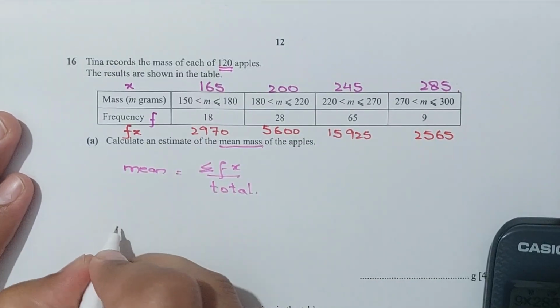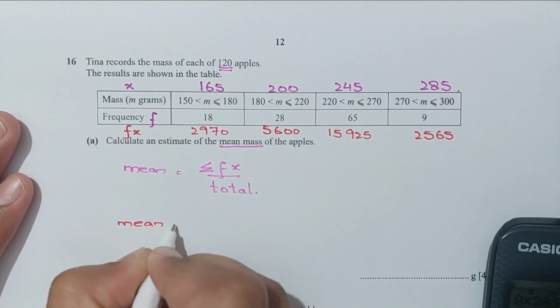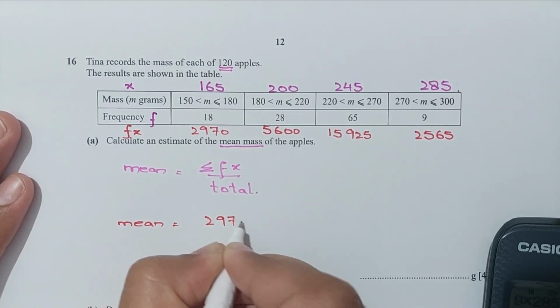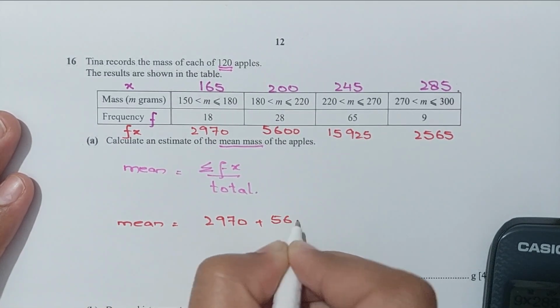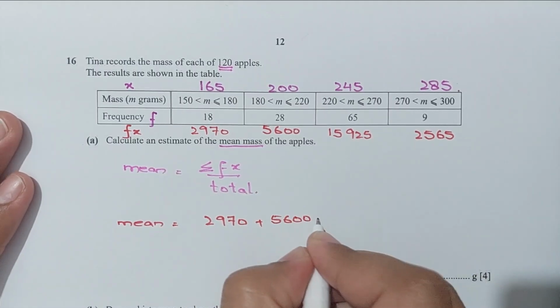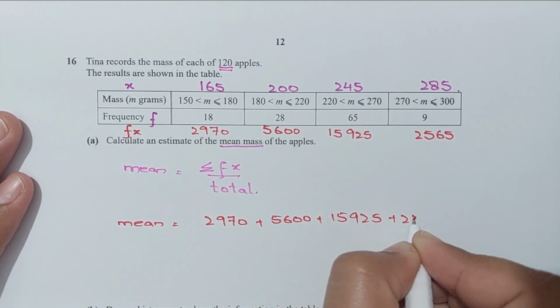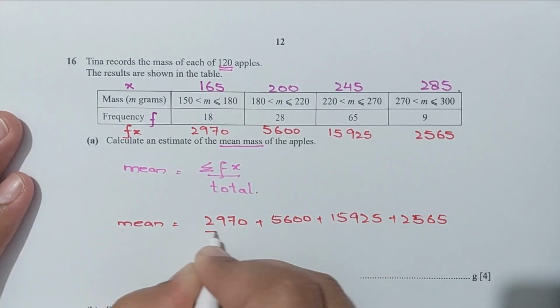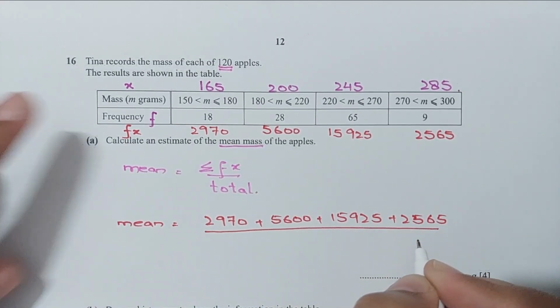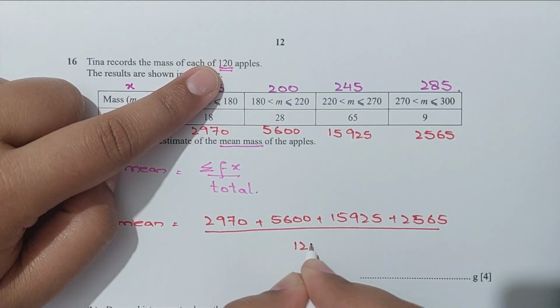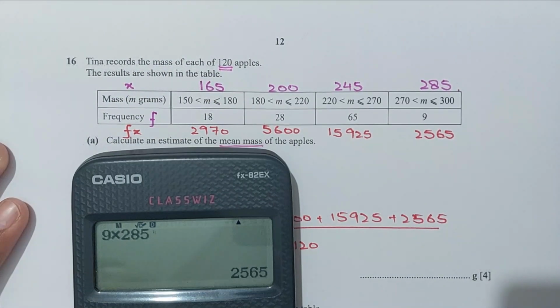Okay, now for the mean, we have to add all of these quantities: 2970, 5600, 15925, and 2565, and divide by the total number of apples, 120. That would be the mean.